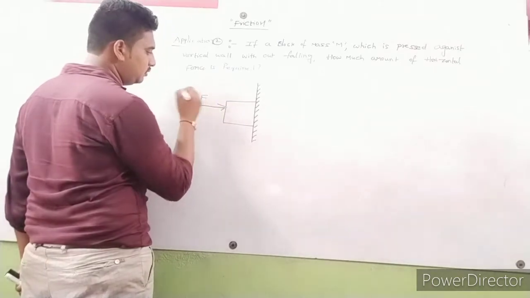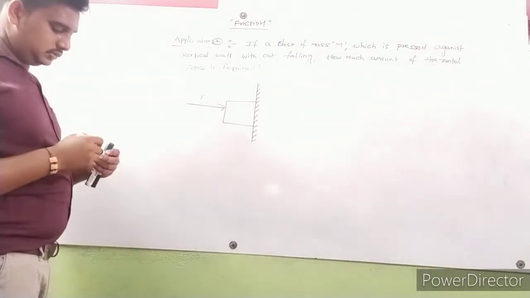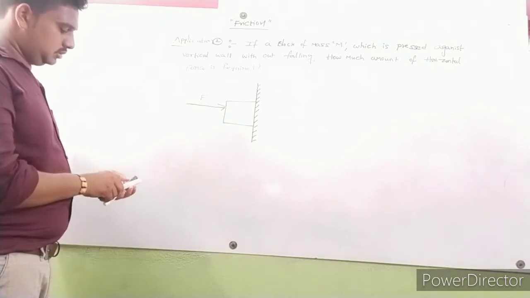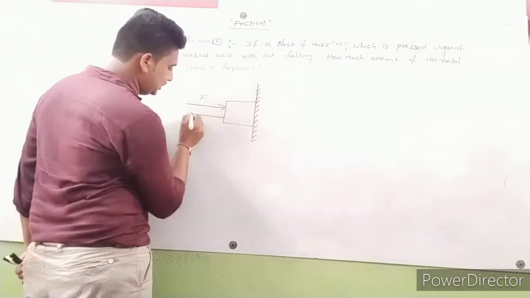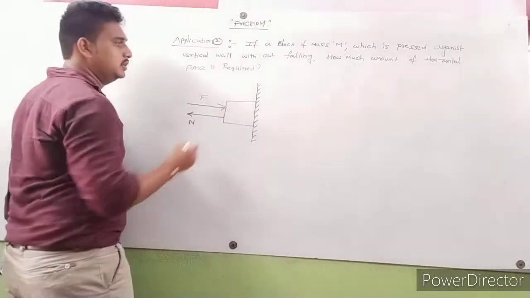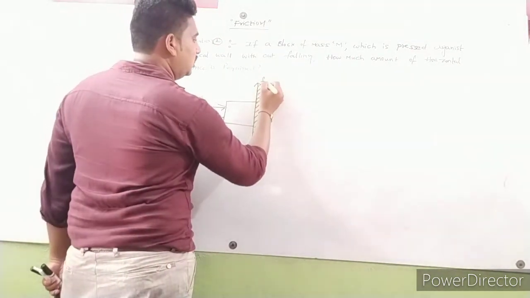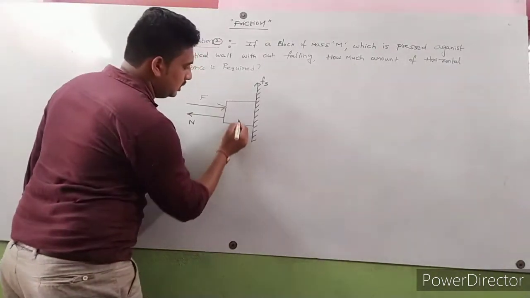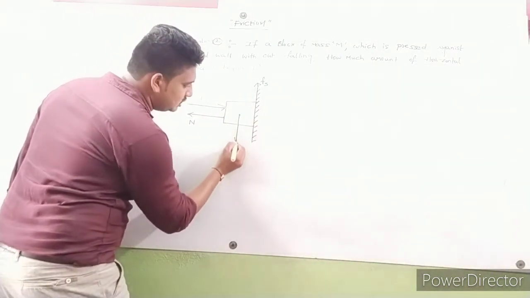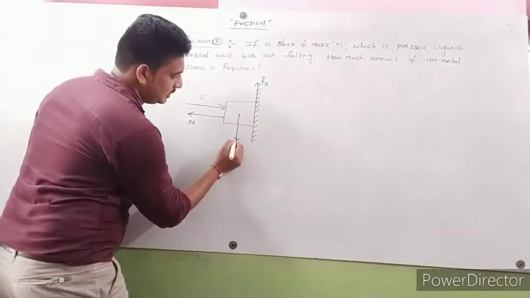That applied force is F, and this is the normal force N. Frictional force Fs, and this weight mg is acting in this direction like this.